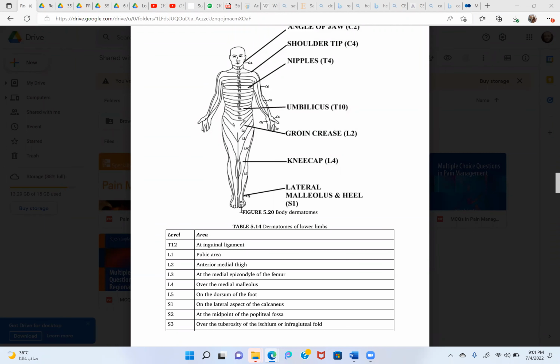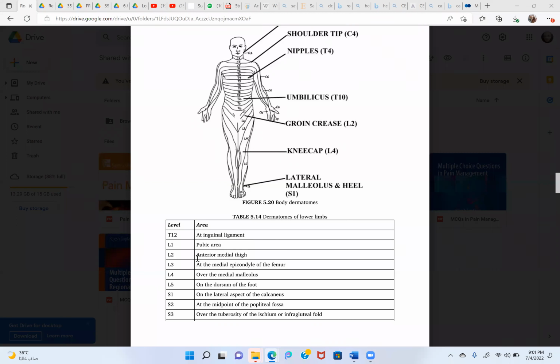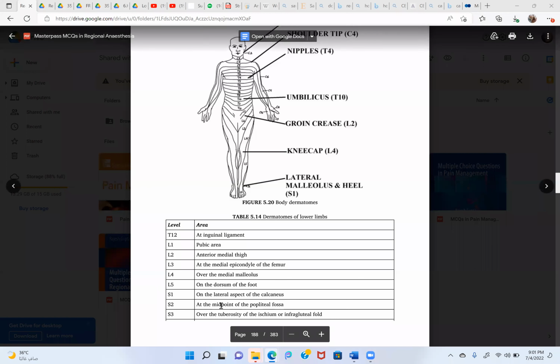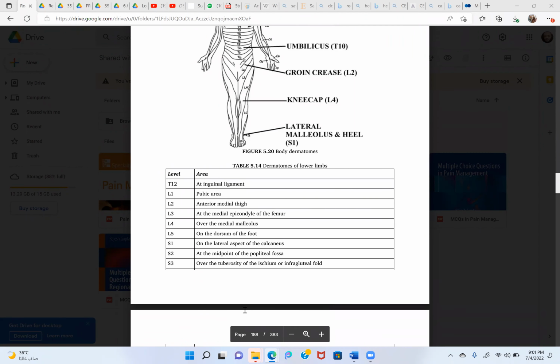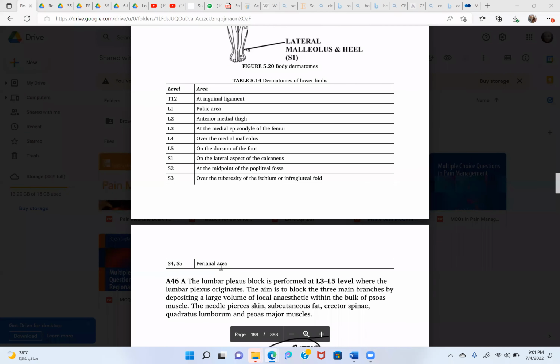At the inguinal ligament it is T12, pubic area L1, anterior medial thigh L2, L3 at the medial epicondyle of femur, L4 over the medial malleolus, L5 on the dorsum of foot, S1 on the lateral aspect of the calcaneum, S2 at the midpoint of the popliteal fossa on the back side of thigh, and then S3 over the tuberosity, the sacral area, S4, S5 for the perineal area.